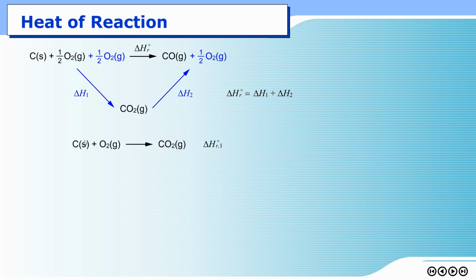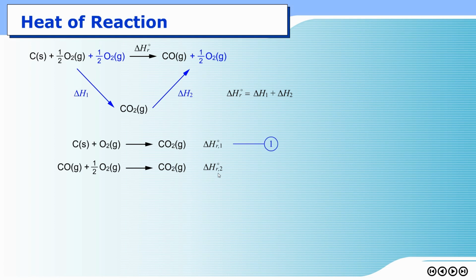For the first step, the complete combustion of carbon with oxygen to produce carbon monoxide can be obtained here, and the heat of reaction associated with it is basically heat of reaction 1. For the second step, the oxidation of carbon monoxide into carbon dioxide can also be done experimentally, and this heat of reaction 2 can be obtained.